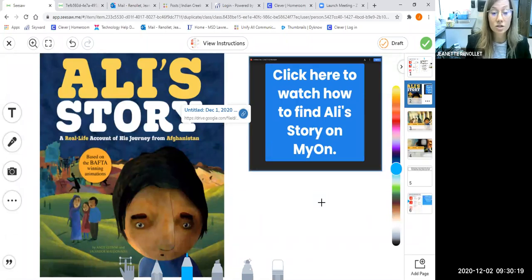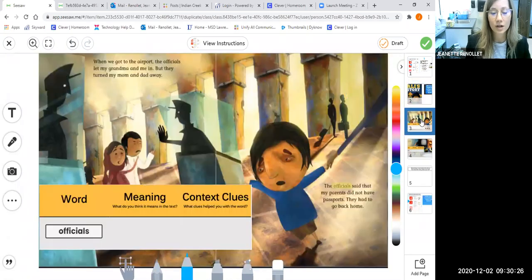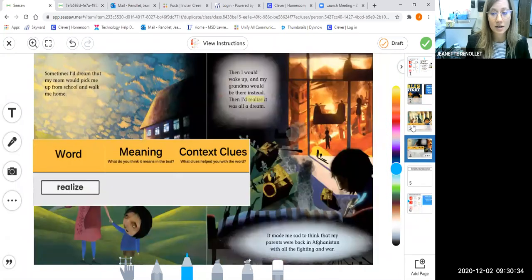After you listen to today's text on Mayan, you have some work to complete using context clues. There are 2 slides today with words from the story that you probably don't know.